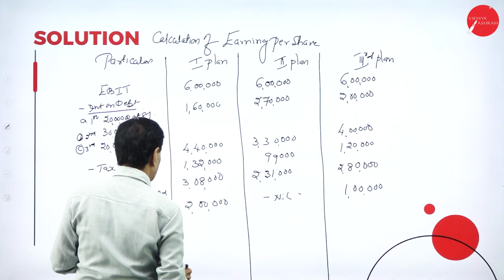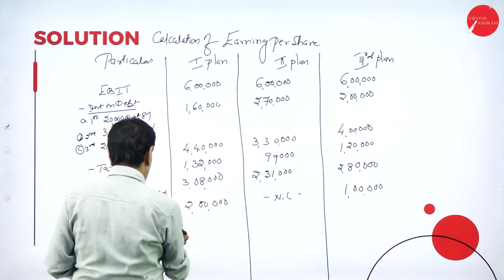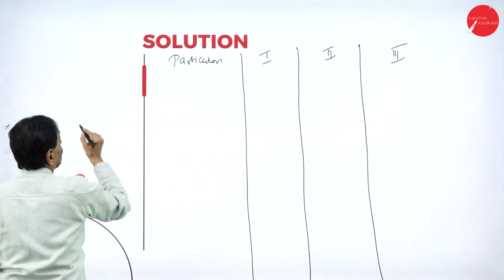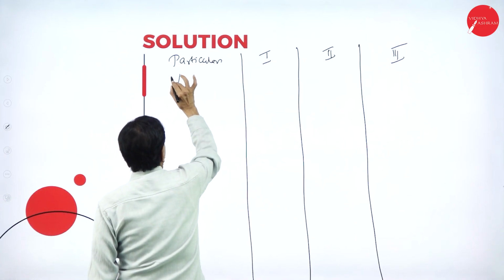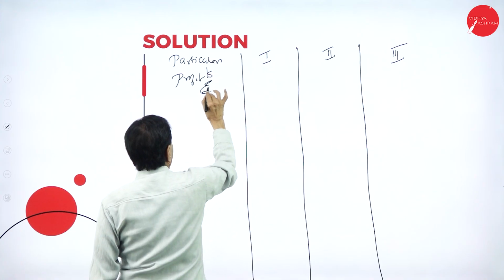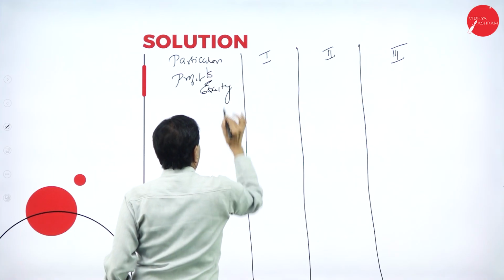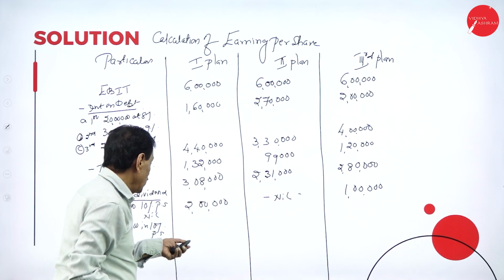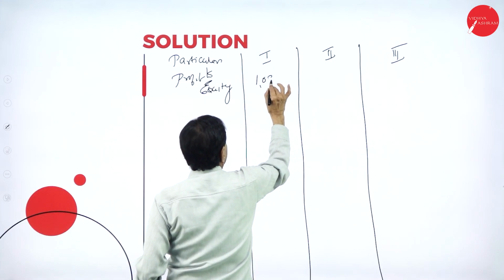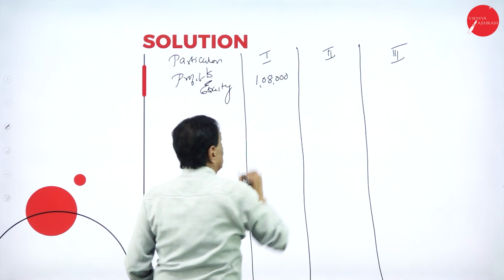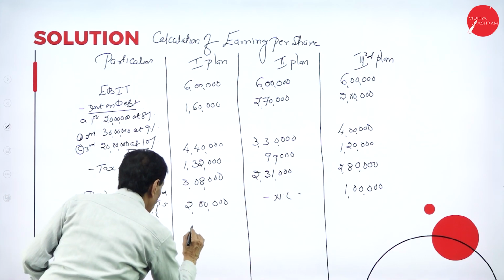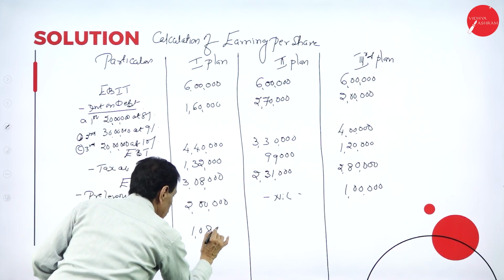If we deduct this, 3,08,000 minus 2 lakh, profit to equity, we get 1,08,000. Profit available to equity shareholder. Second one, this is 1,08,000.